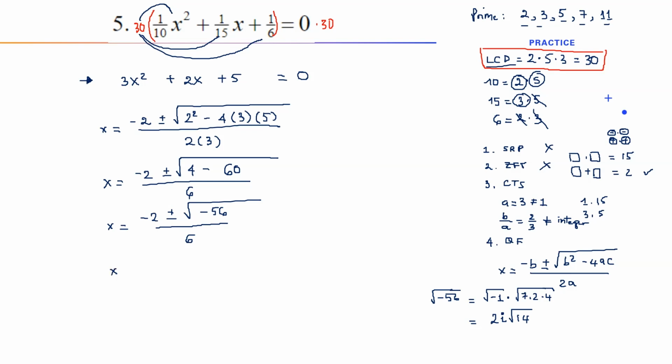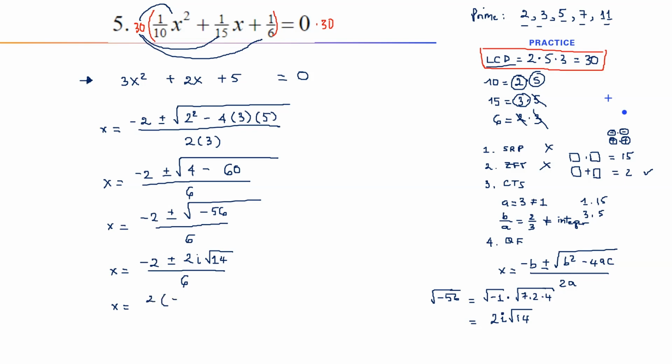Now we rewrite the answer again: negative 2 plus or minus 2i square root of 14, over 6. On the denominator, we see we have a factor of 2, so we take the factor of 2 out.